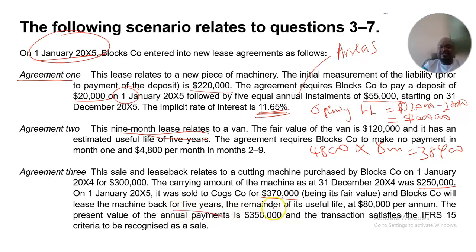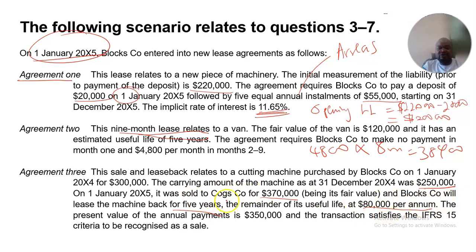For 5 years, the remainder of its useful life, at 80,000 per annum. No, those are not the payments.